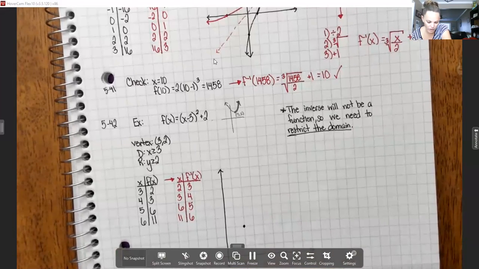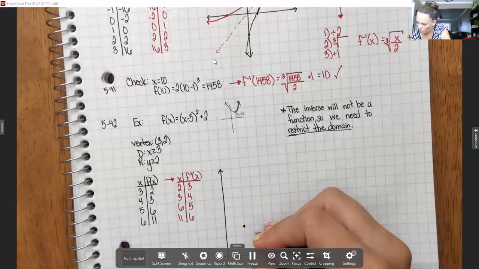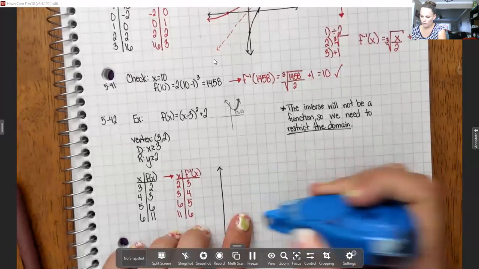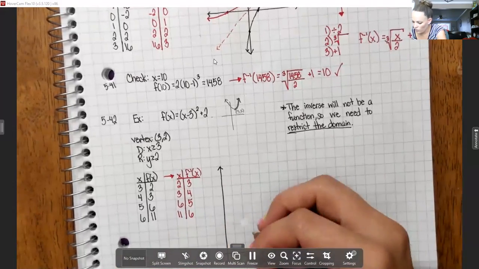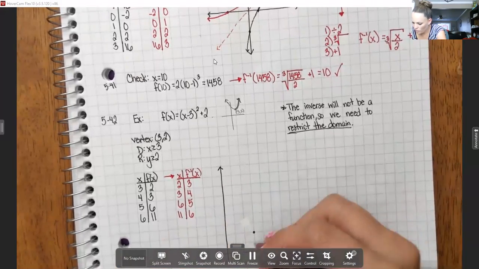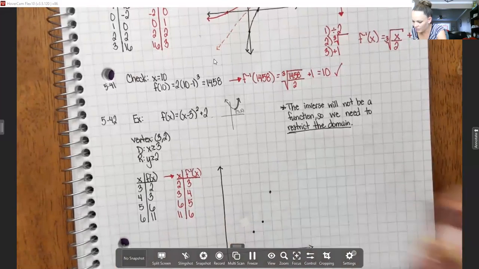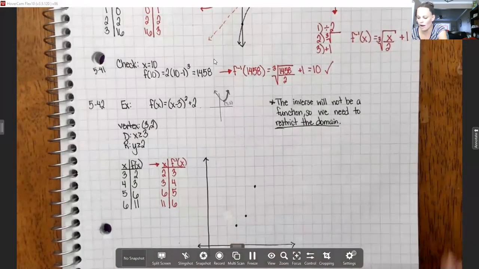The graph goes to 3, 2. Oops, I did 2, 3. So 3, 2, 4, 3, 5, 6. 6, 11 won't fit on my graph.